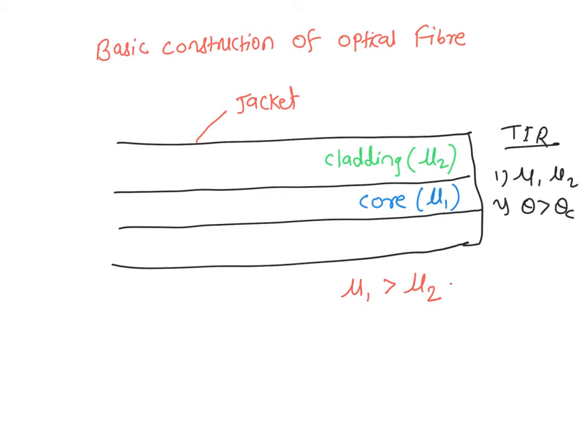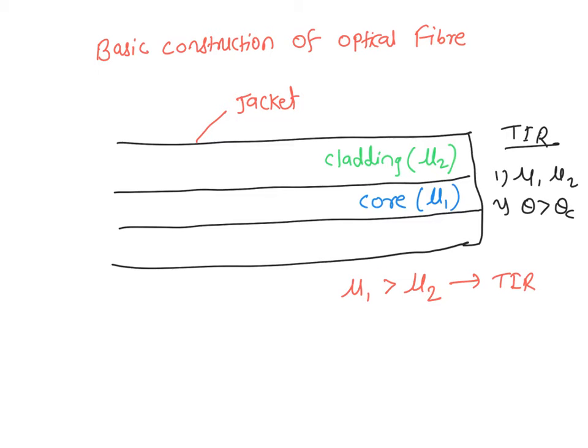This is a basic necessity, because when this happens, TIR will be possible. Both cladding and core are made of a glass material, or solid dielectric material. They just have different refractive indices.